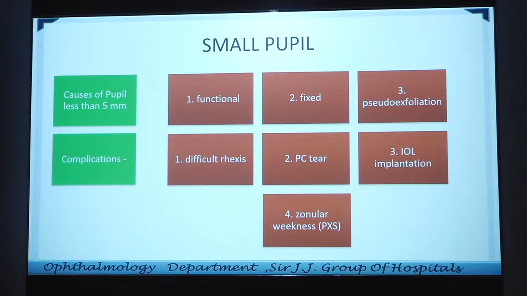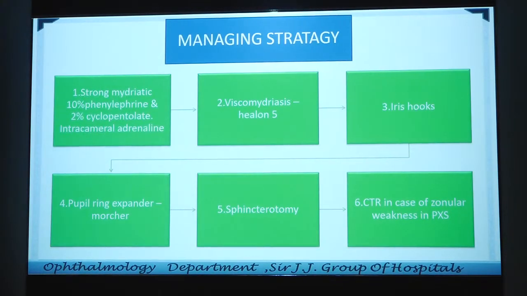These are the causes of small pupil and what can be the complications in that. Now, how can you manage this situation? You can use strong mydriatics, 10% phenylephrine and cyclopentolate, or you can use viscomydriasis or iris hooks, or you can use pupil expanders, sphincterotomy and CTR in a few cases.